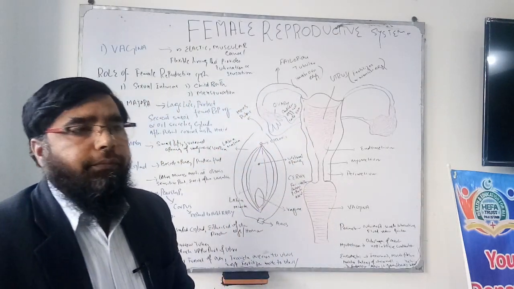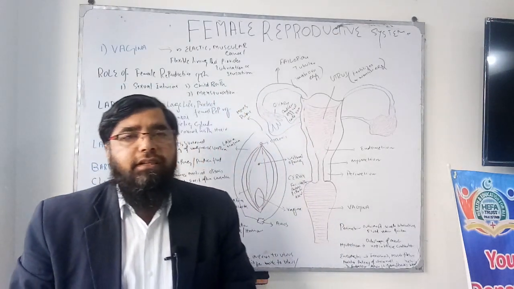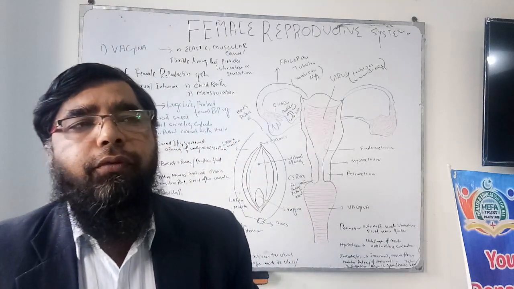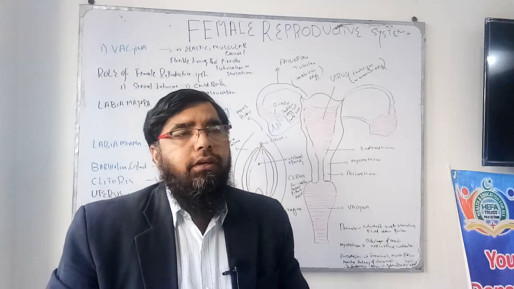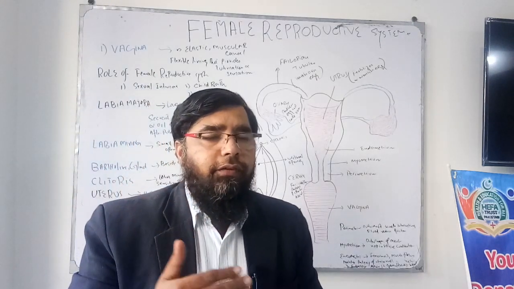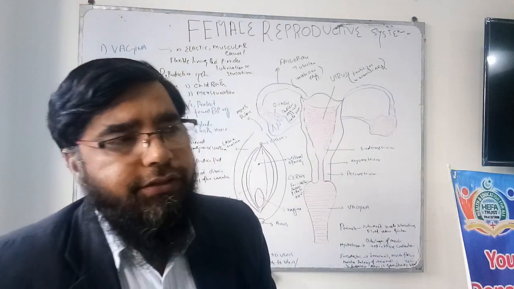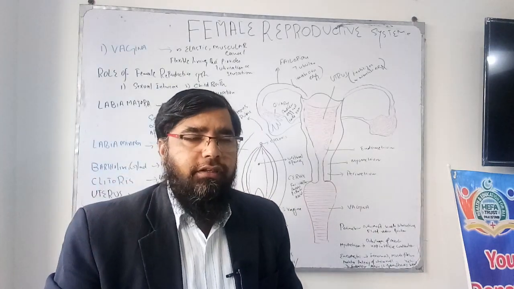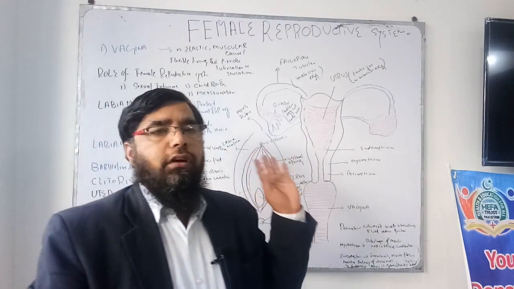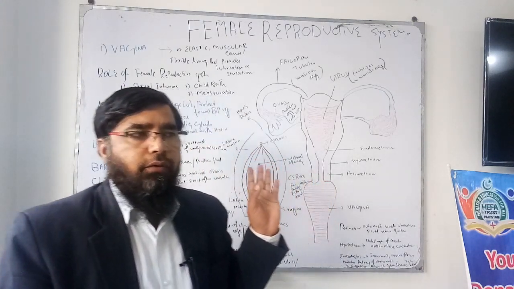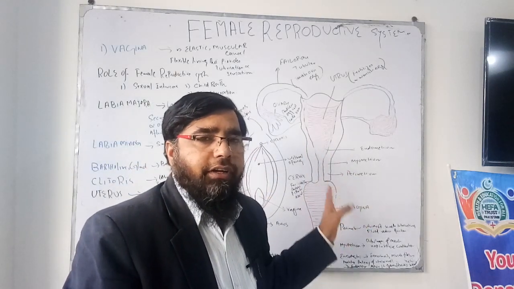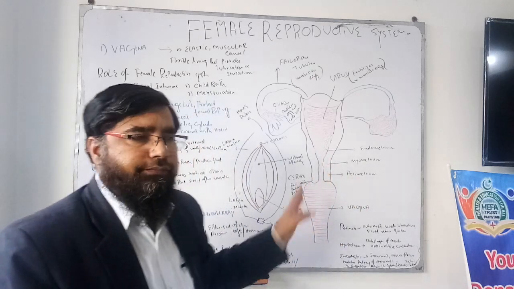In today's lecture, we will discuss the female reproductive system. We will discuss the different parts of the female reproductive system and their functions. As usual, before going towards our lecture, we will discuss a diagrammatic view of this lecture.